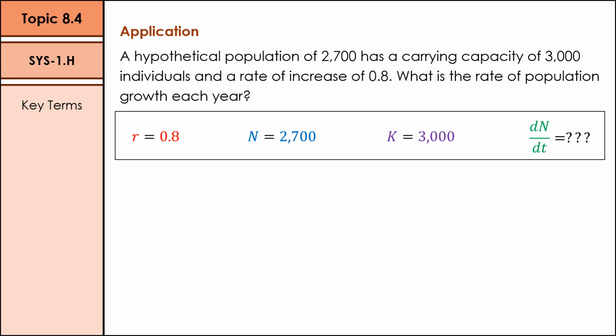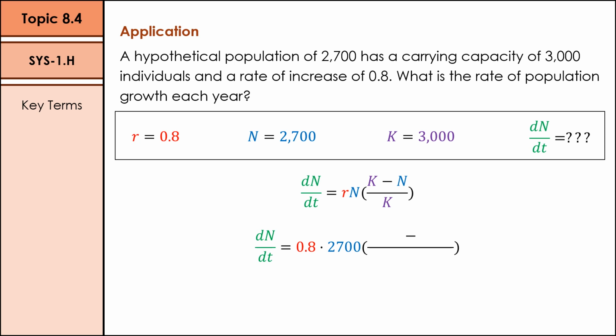For this problem, we wanted to use the logistic population growth equation, which adds in that carrying capacity value. And just like before, we are going to plug in the values that we were given. So let's start with our rate of increase, 0.8, multiplied by our initial population, 2,700.